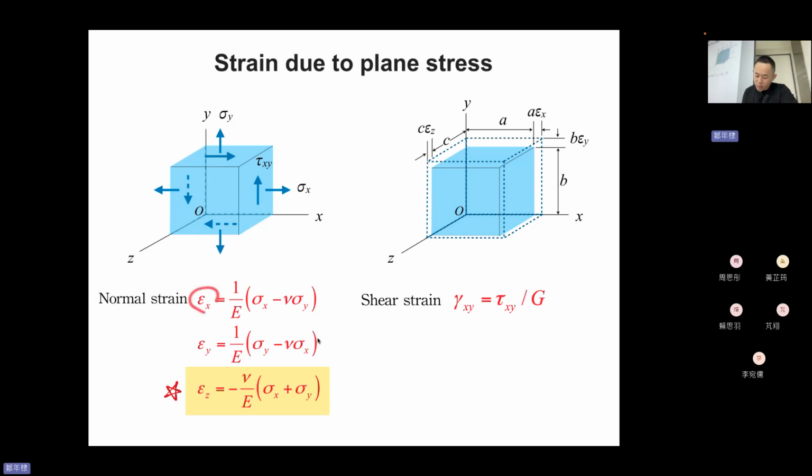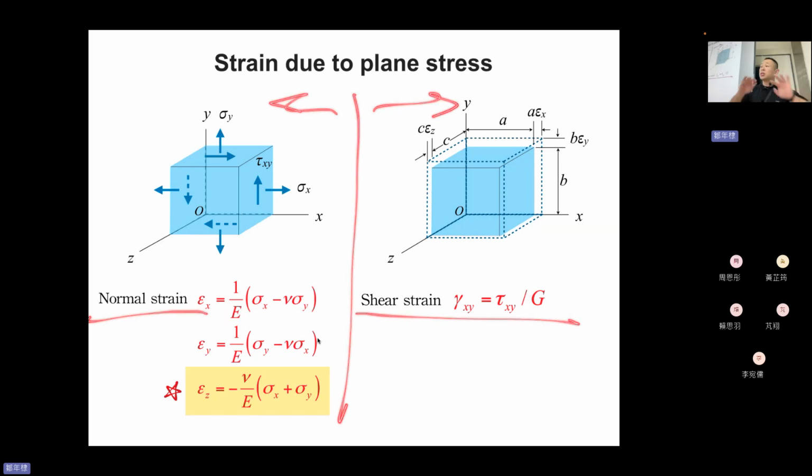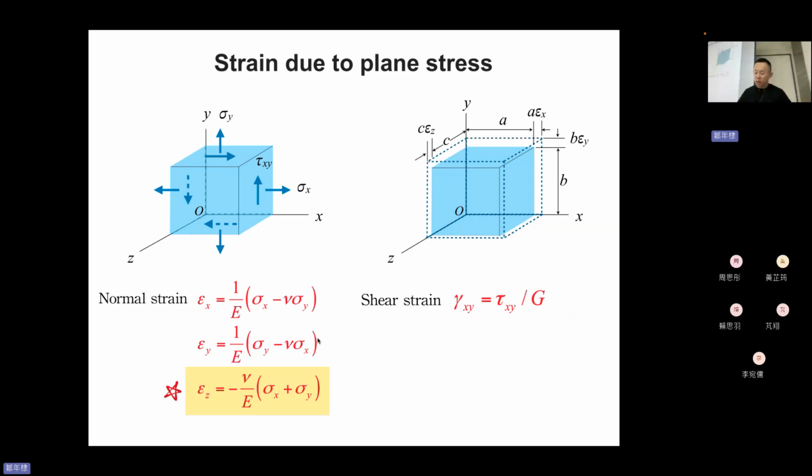And your epsilon x and epsilon y can be written down with two contributions. The first one is sigma x divided by E. The other is the lateral Poisson ratio effect, so minus nu sigma y divided by E is the second contribution for epsilon x. Also, shear strain and normal strain can be regarded as independent cases.